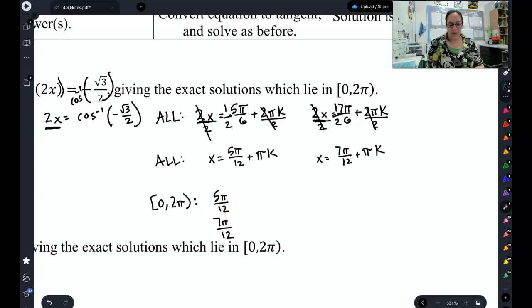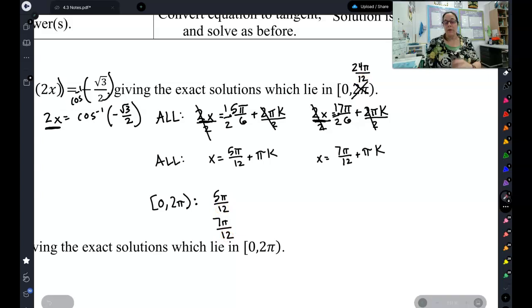So instead of writing this as 2 pi, I'm going to write it as 24 pi 12ths. Notice that 24 12ths is still 2, so it's still the same thing, but I changed the denominator to match the denominator I've got here. So I'm going to add pi to these answers over and over and over again until my answers get bigger than 24 pi 12ths. That's when I know when to stop.